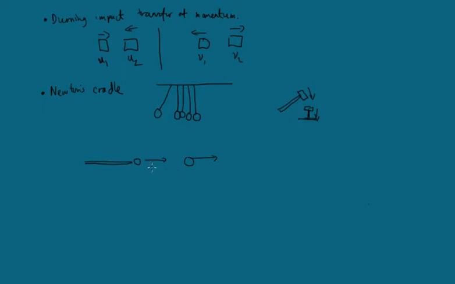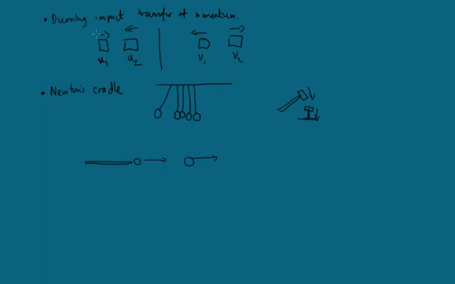The transfer of momentum: when the contact forces between two objects involved in the impact are equal and opposite, the momentum transferred from the first object to the second object is equal and opposite. This means that the total momentum before the impact must equal the total momentum after the impact.